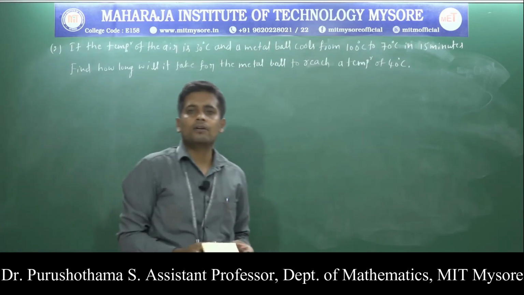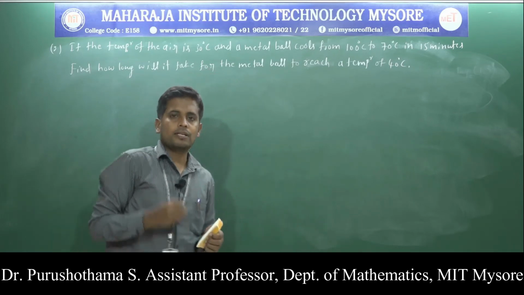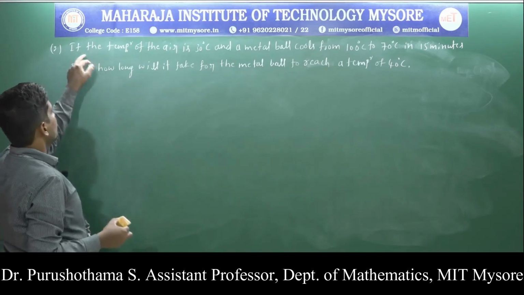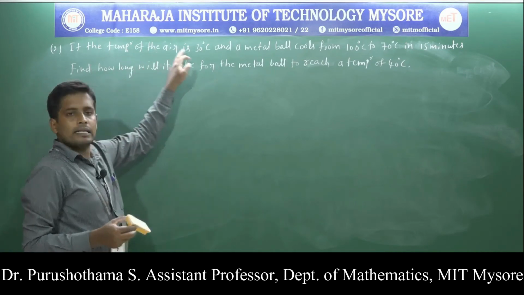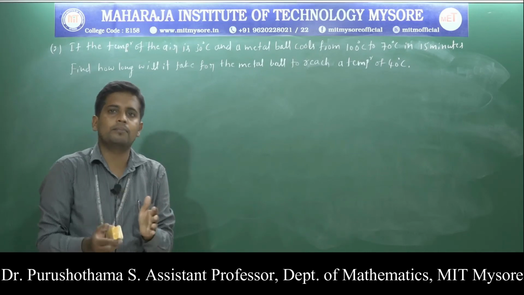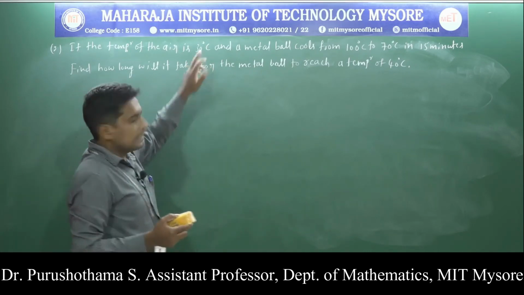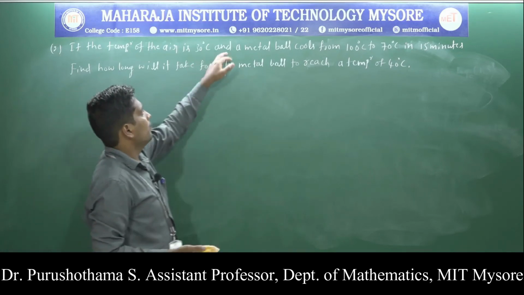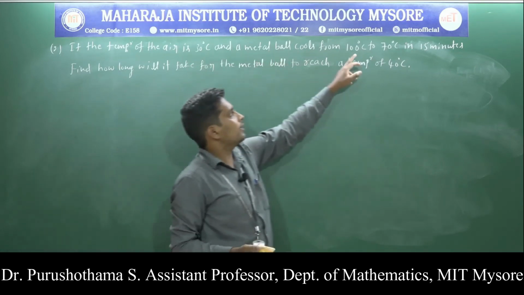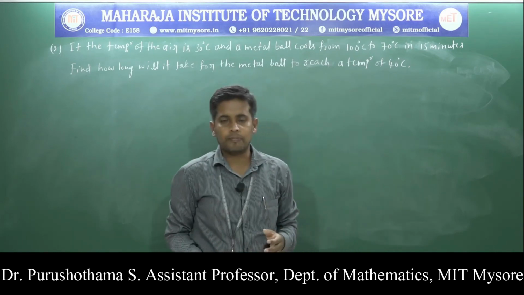Okay. Now, we are going to solve the second problem in Newton's law of cooling. The second question is: the temperature of the air, or room temperature, is 30 degrees Celsius, and a metal ball cools from 100 degrees Celsius to 70 degrees Celsius in 15 minutes.